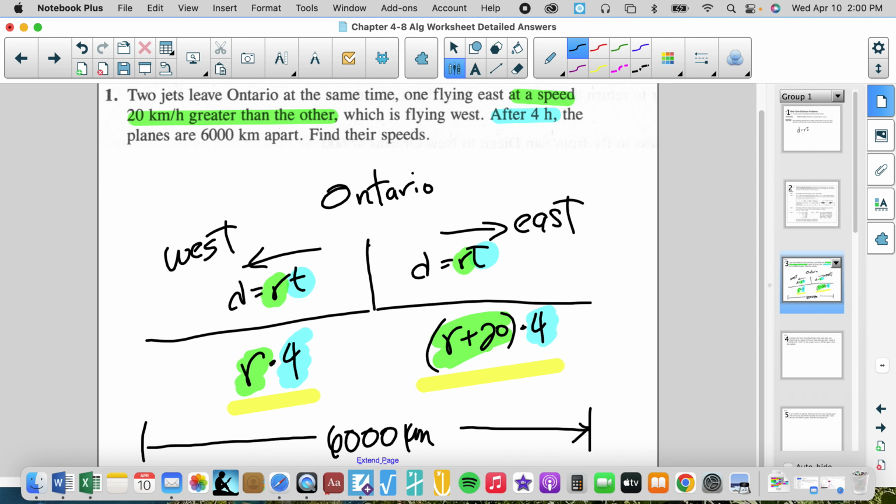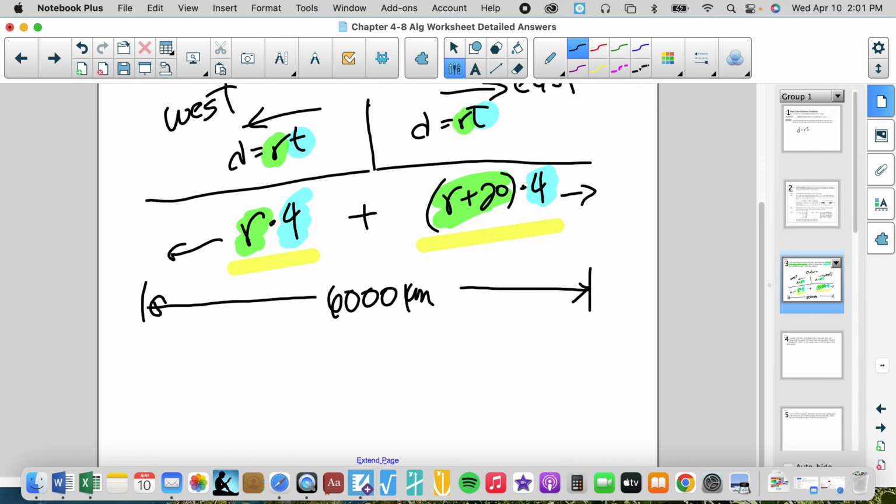This is the distance from the start to there. This is the distance from start to there. So if I add these two distances, it should equal the total distance. So I've now created an equation.